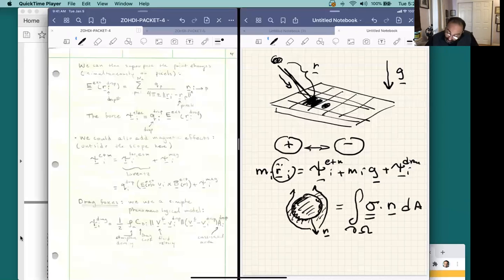The multiplication of the stress times the outward normal gives us the force that's acting there. This is usually called the traction vector. As we'll see a little bit later, the traction vector is actually the force per unit area. So the traction vector is the product of the stress times the outward normal.